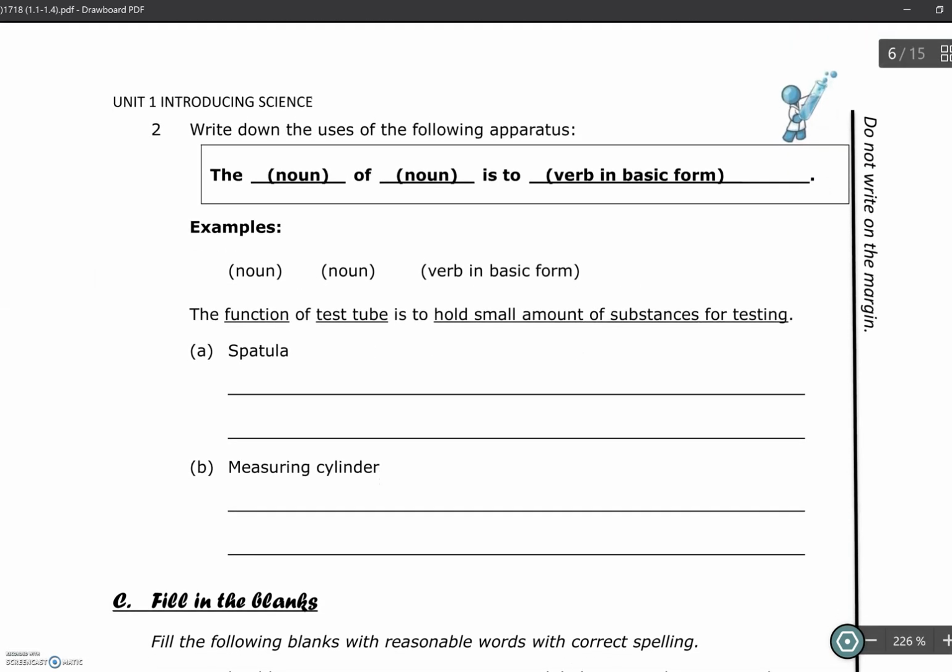And you will have the sentence writing. You're going to talk about the functions of something, so the purpose or the use of something. So when we talk about spatula, we will say the function of spatula is to, so you will see I underline the words.